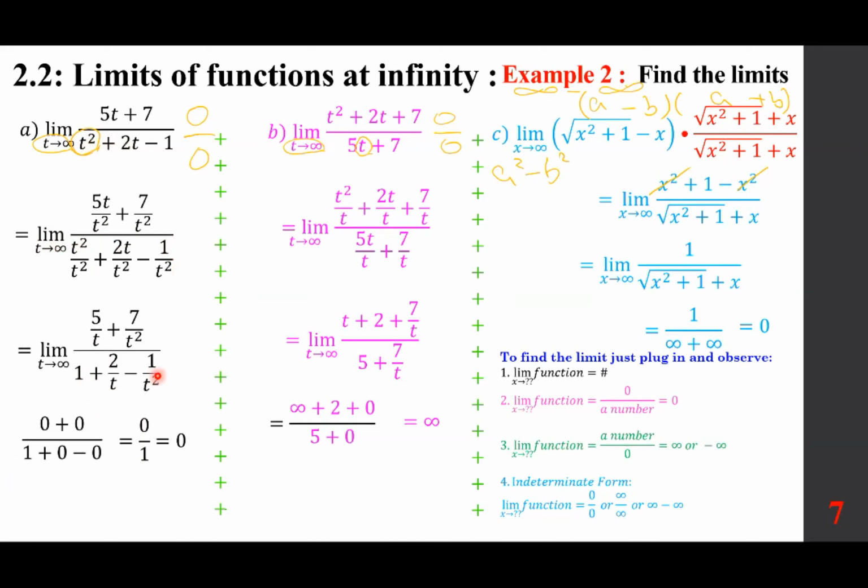Yes. Okay, we are dividing by t. So this is 5 over t, this is 7 over t squared. T squared over t squared is 1. 2t over t squared is 2 over t minus 1 over t. Does that work? Perfect. Yeah, I get it now. Excellent. Thank you. My pleasure.